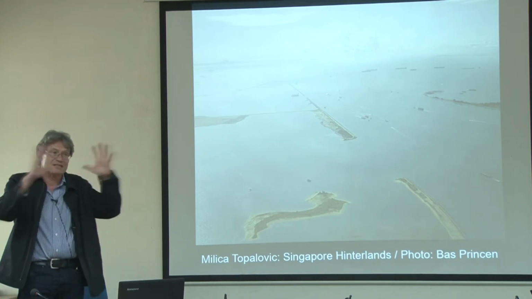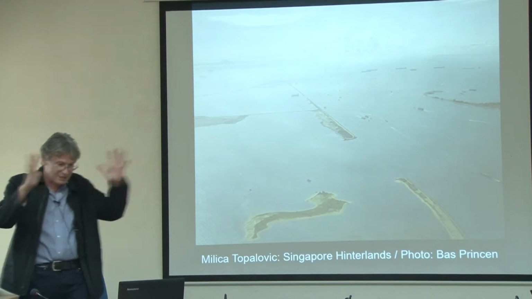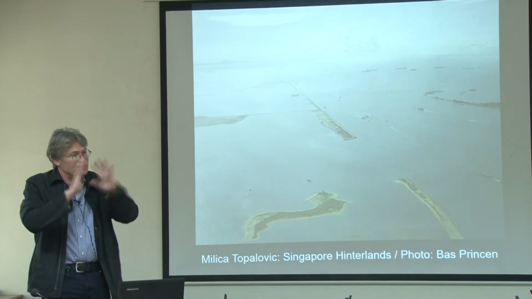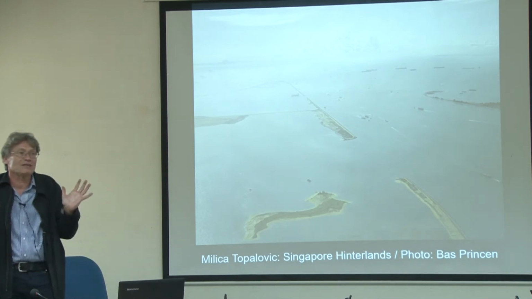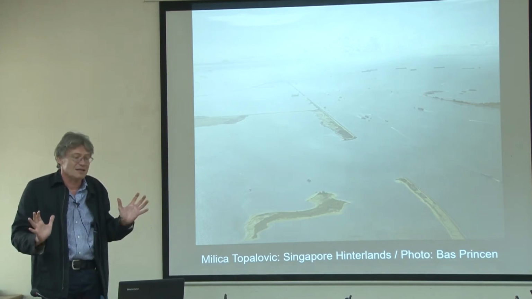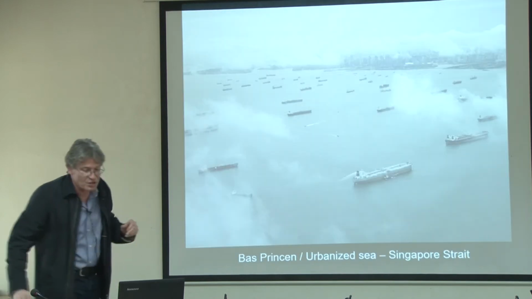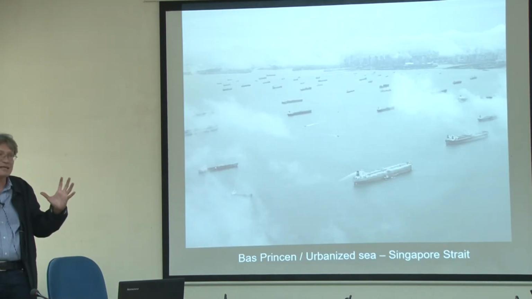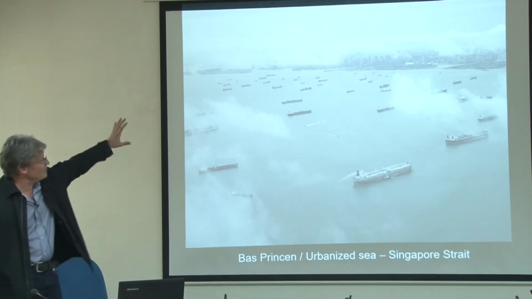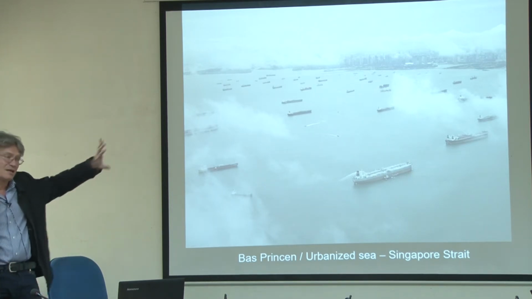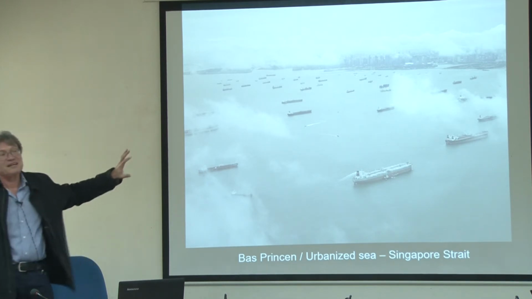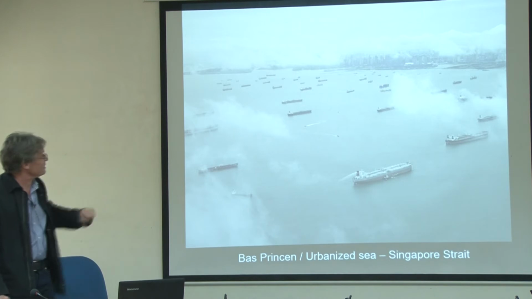So Singapore, I guess you know it well, this city-state, an island that is not very large, with 5 million people living on that island, and then a whole debate about this city. But if you have a closer look, you suddenly realize that this region is much bigger. First of all, here you see the Singapore Straits with all the ships, the most congested motorway for ships in the world.